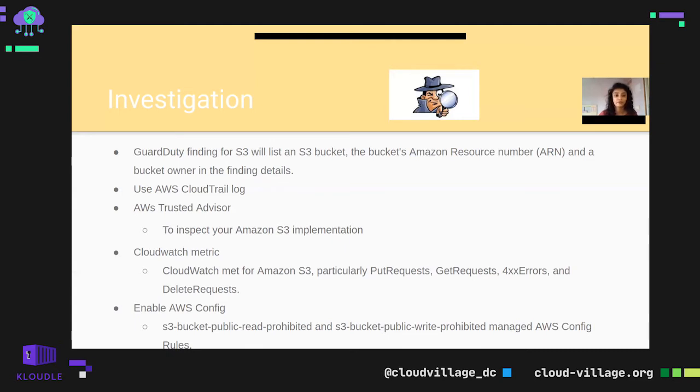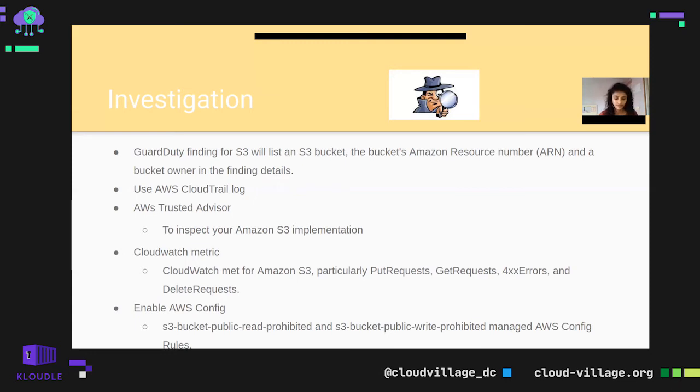So it's good to enable the AWS managed rules in Config. There are two rules you can choose: S3 bucket public read prohibited and S3 bucket public write prohibited, based on what is applicable to your organization. So based on that, you should configure all this.